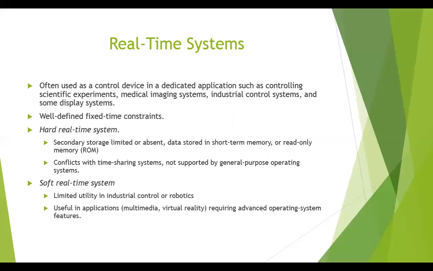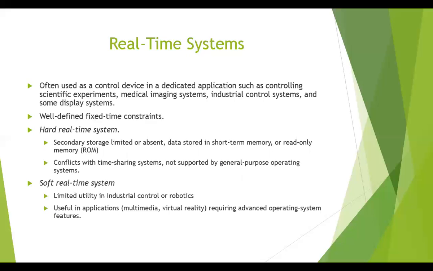Real-time system. Here, the application is dedicated to controlling scientific experiments, medical, and industrial uses, and in those conditions we use the real-time system. It is well defined with a fixed time constraint. There are two types, hard real-time system and soft real-time system. In a hard real-time system, we must complete the work at a particular correct time.